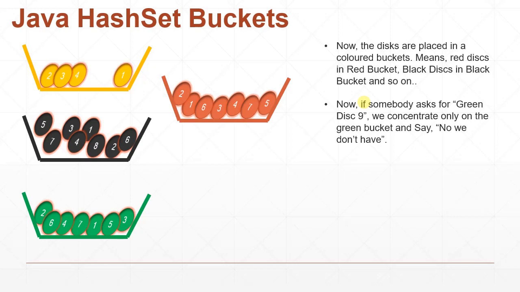Inside each compartment we will place a range of disks, 1 to 10 in one compartment, and 10 to 20 in a different compartment, like that. This will help when you want to pick a specific color disk, and you can pick a disk in a quick way compared to all the disks mixed in a single basket.